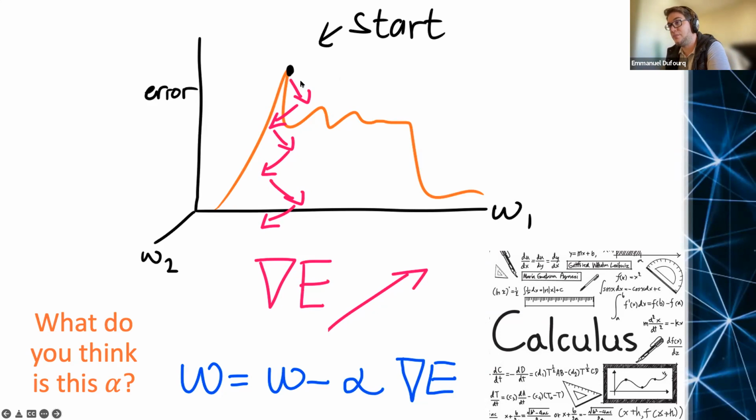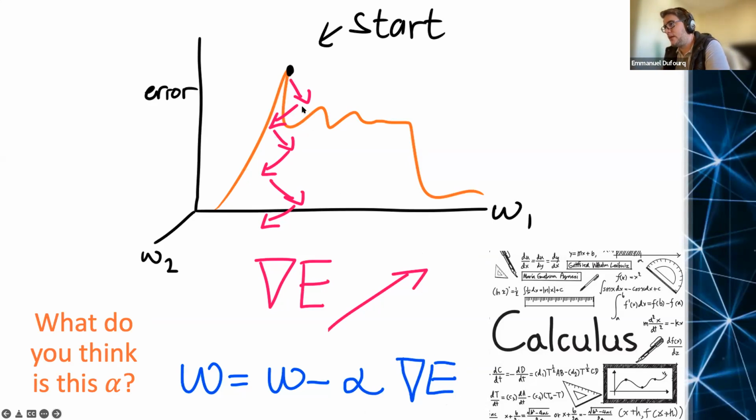Or if we had a massive learning rate, we could take a big jump and end up here, or here. If we have a very small learning rate, then we take small jumps and slowly go down the mountain. So the learning rate, a word that comes up quite a lot, is what controls the step size as we go down this mountain.